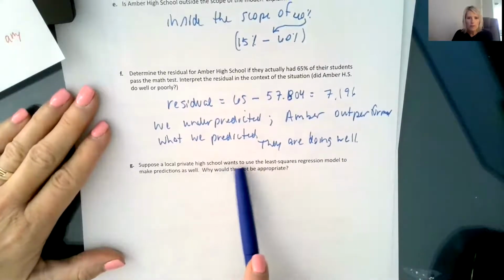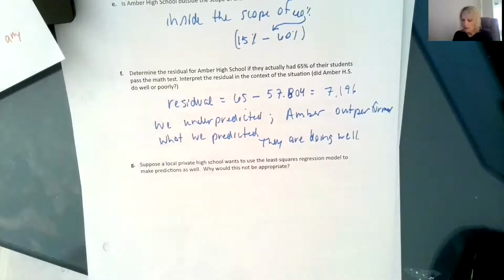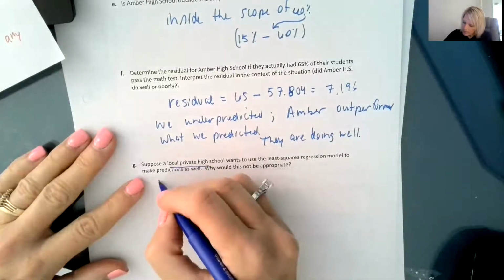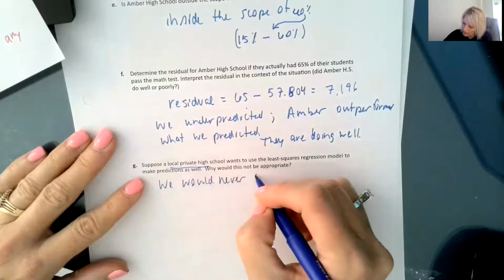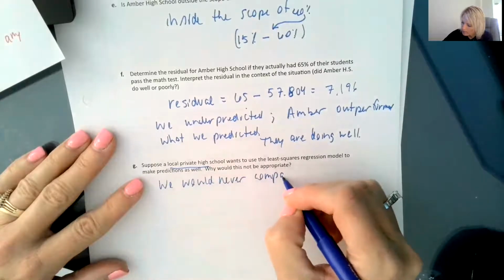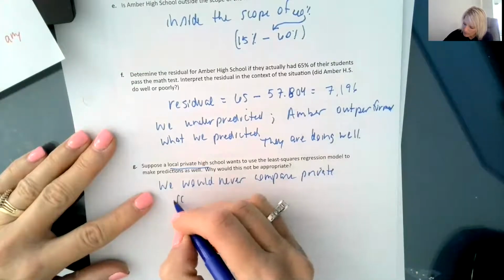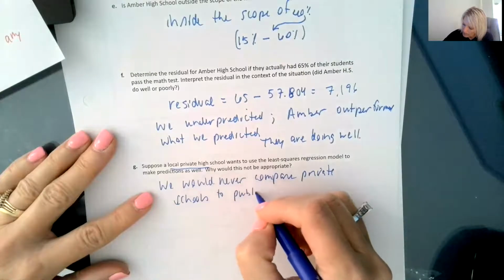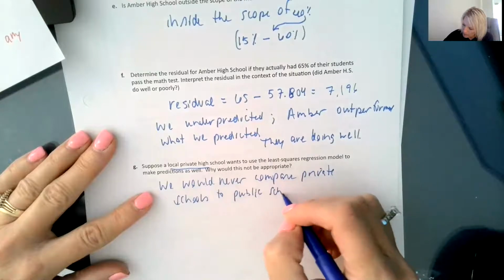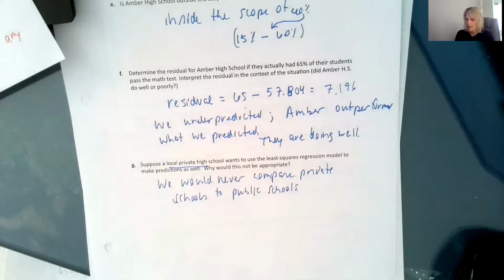Suppose a local private high school wants to use the least squares regression model to make predictions as well. Why would this not be appropriate? Well, we would never compare private high schools to public high schools, because private schools are less likely to have as many students on free or reduced lunch as a public school.